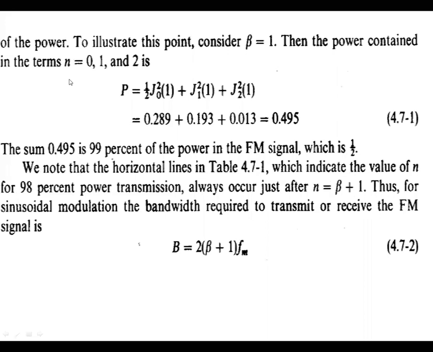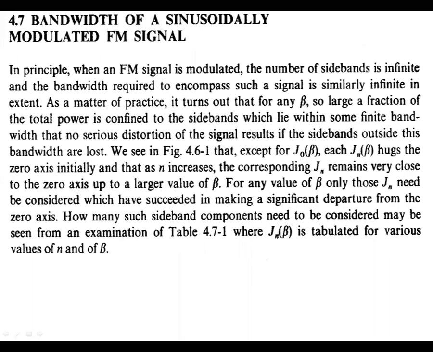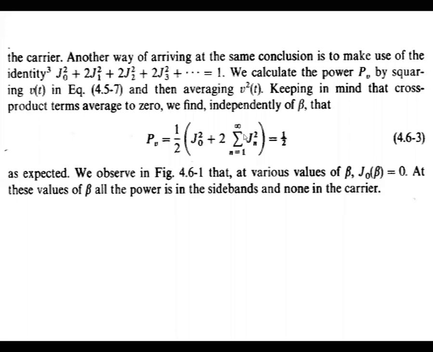Then the power contained in the terms n is equal to 0, 1, 2. So n is considered 0, 1, 2. Already you know that power P in the equation is P equal to 1 by 2 J naught square plus sigma n is equal to 1 to infinity Jn square.